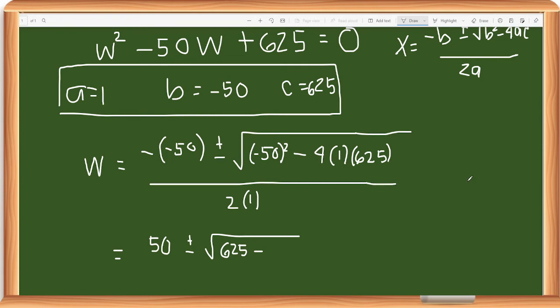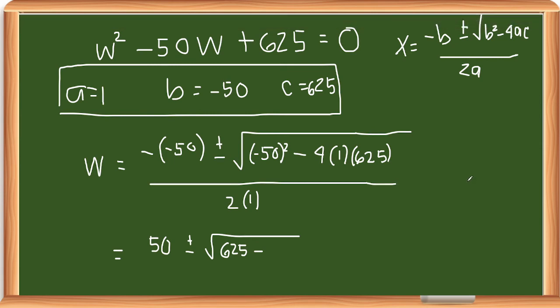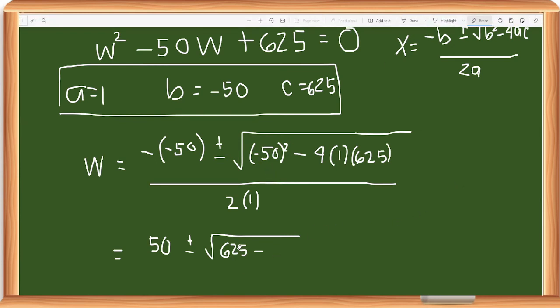So, 4 times 625 is... Yan na naman eh. 625 ang nilagay ko dito. Bakit? Okay, sorry ah. So, 50 square is 2,500. Medyo antok na yata ako ah. And then minus 625 times 4 is also 2,500.